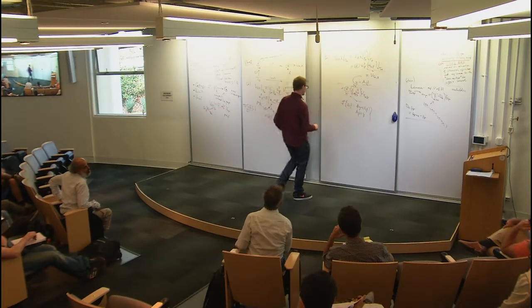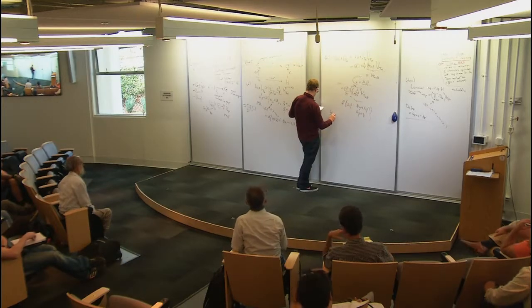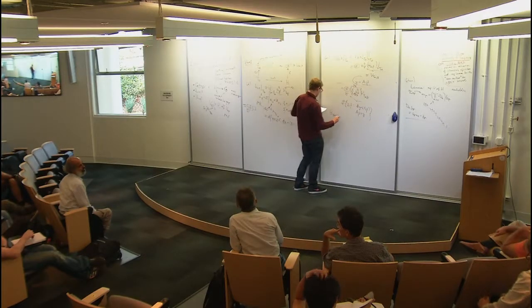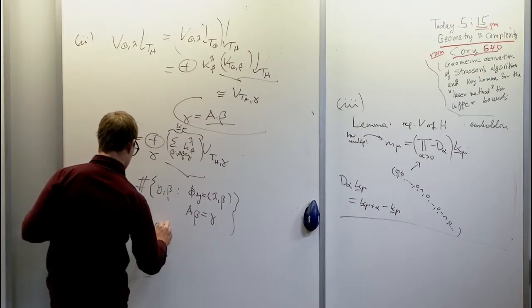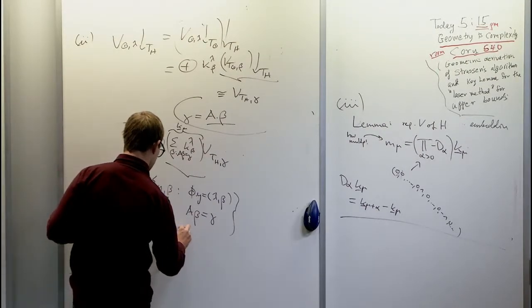Then I take the projection of that. So my k of gamma A, gamma B, gamma C is actually just the number of points, and then I sum over these, which are in Z to the d cubed.